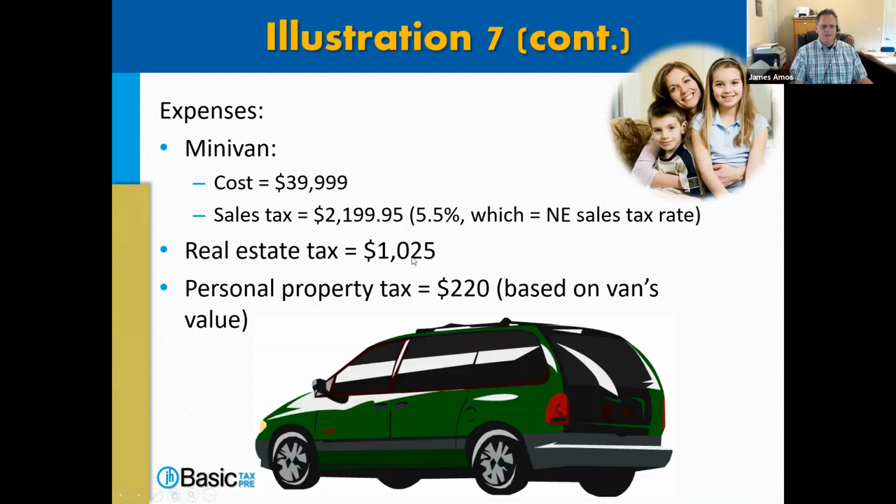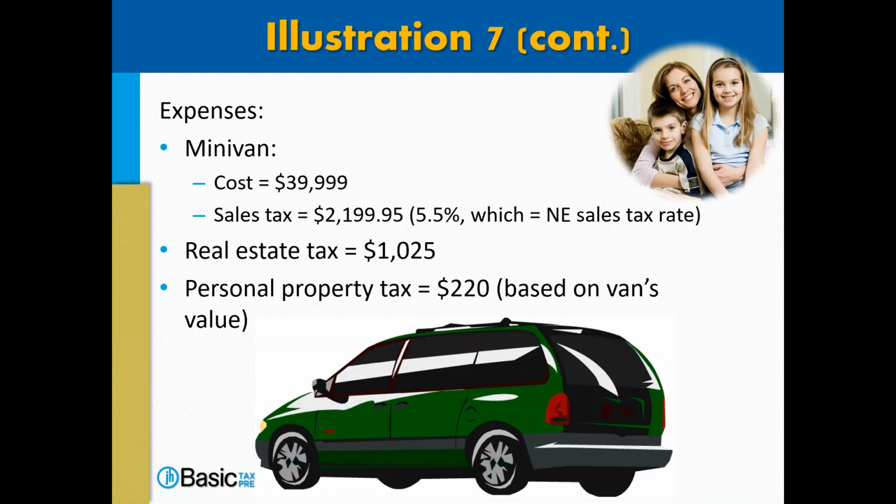She paid real estate tax of $1,025, and she's paid personal property tax based on the van's value. Look, there is something I skipped over, that personal property tax. Personal property tax is a tax based on the value of personal property. In other words, the more expensive the van in this example, the more tax she's going to pay.